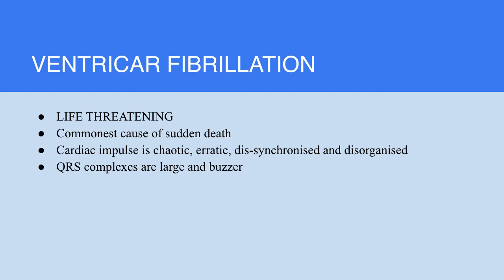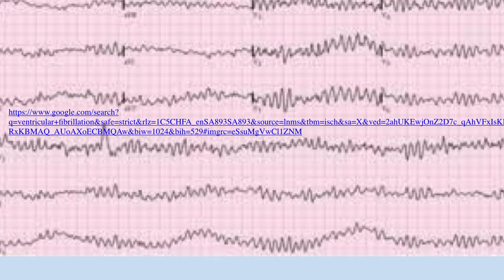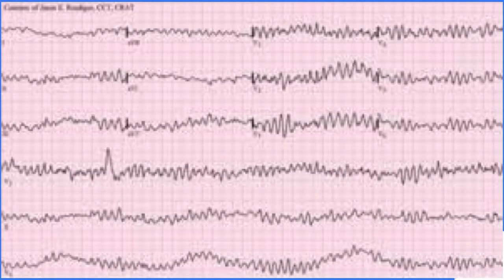And usually the QRS complexes are wide, bizarre, disorganized, and dysynchronized. And this is how it looks like. Actually, quite characteristic. If you see it once, then you would never miss it.